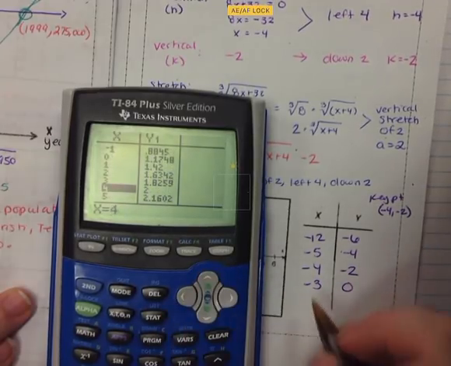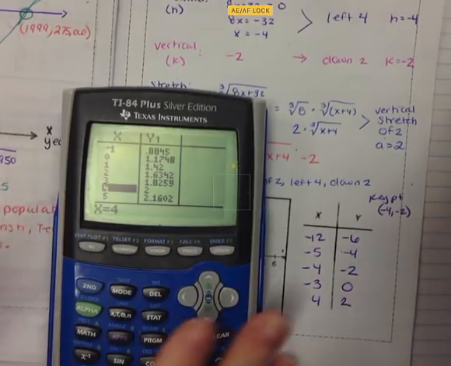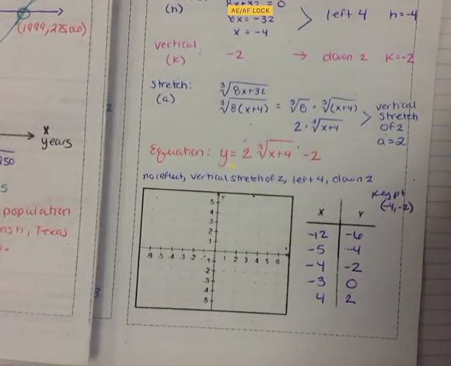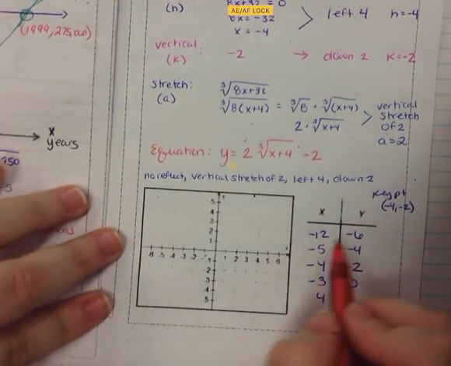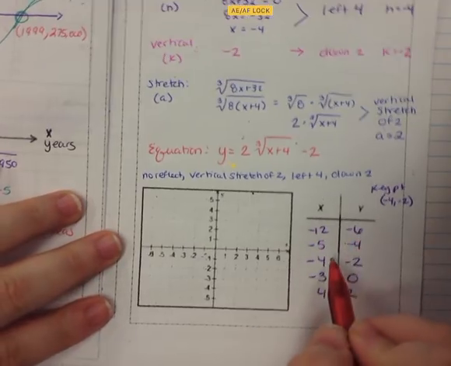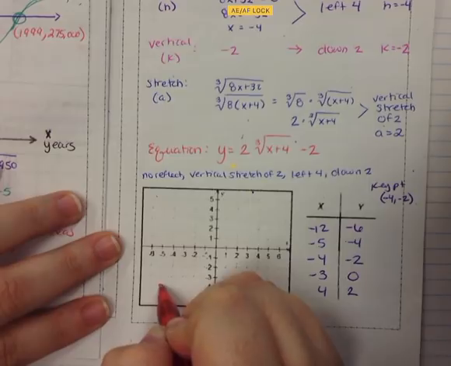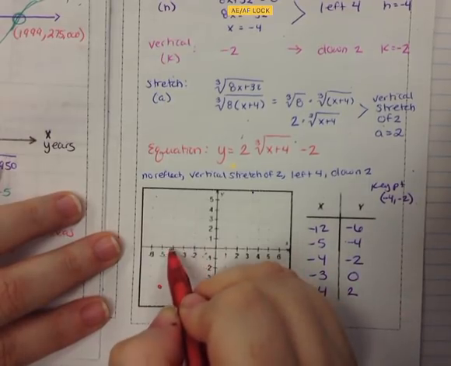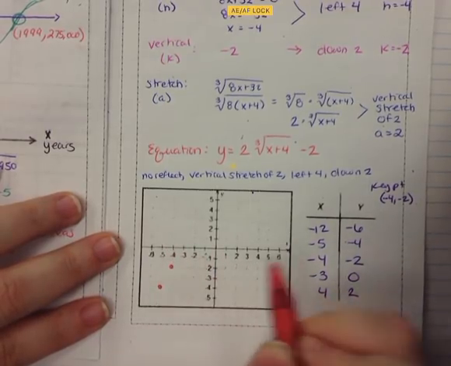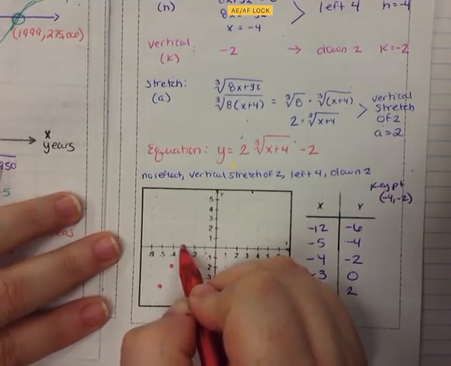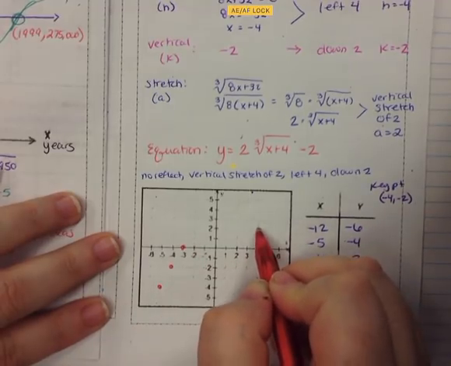And then 4, 2. So then graphing this, I can't graph negative 12, negative 6, but I can do negative 5, negative 4, negative 4, negative 2, negative 3, 0, and then positive 4, positive 2.